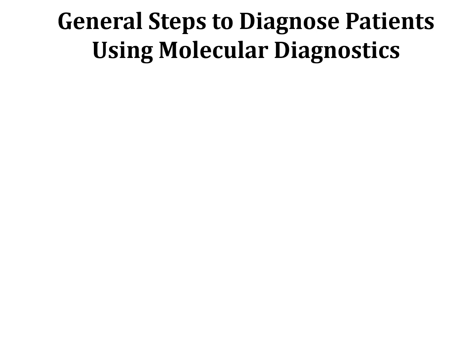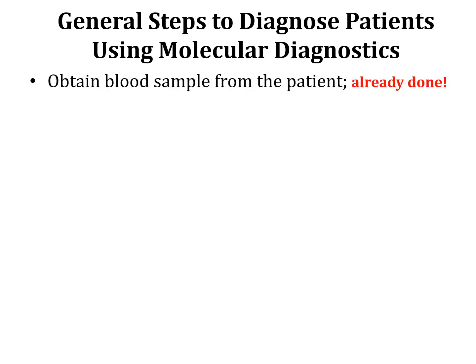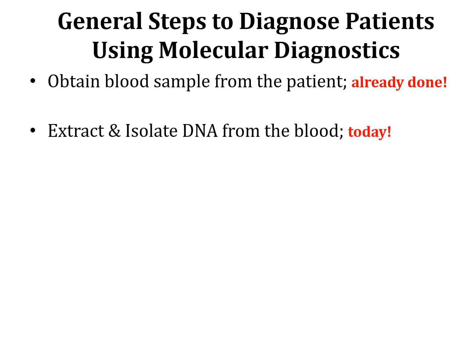So the first thing we need to do is extract the DNA from this patient's blood. To do that, the first step would be to obtain the blood sample from the patient. Let's say this has already been done. I have provided you guys with the blood if you were to do this lab. And then what we're going to be doing today is extracting and isolating DNA from the blood. That will be the goal for today, of course, if we are doing the experiment.